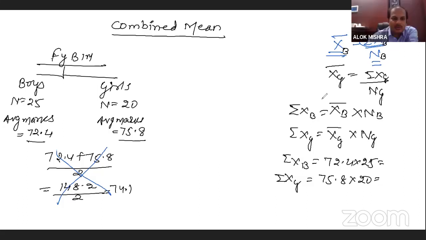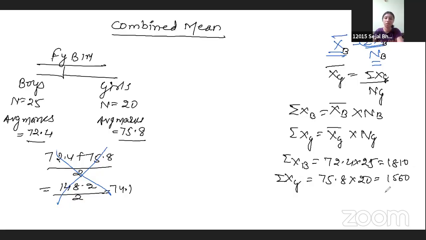Sneh, you said something, but it wasn't very clear. 1810. Yes. Okay. 1810. And what about this one? 1510? 1560? 1516. 1516, sorry.